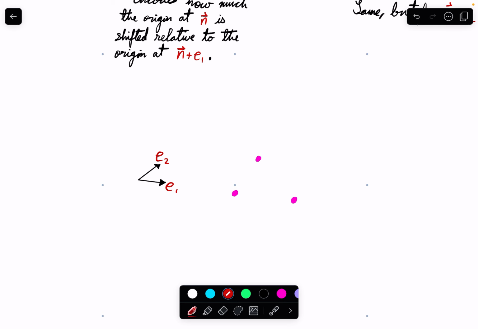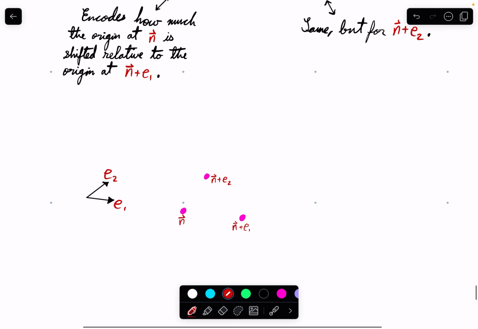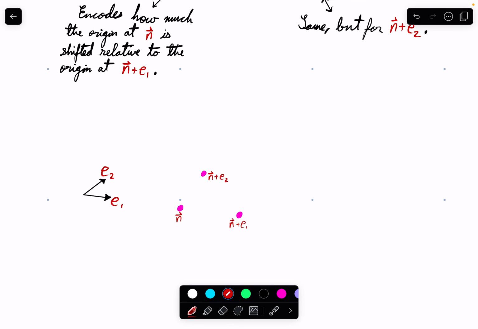Then, for the sake of argument, say that the origin is up here, directly above each one of these.